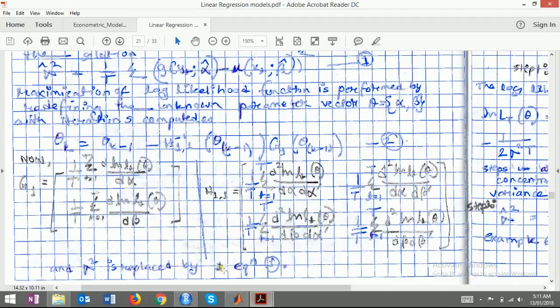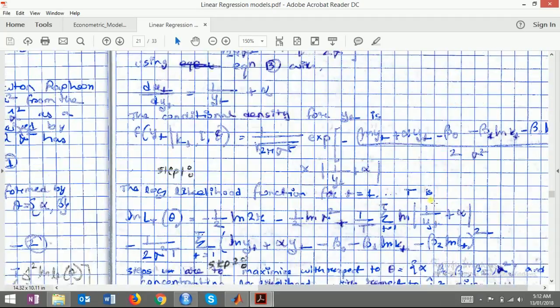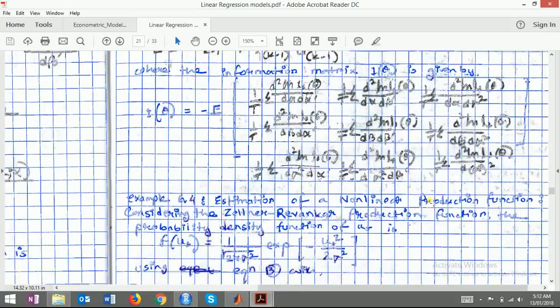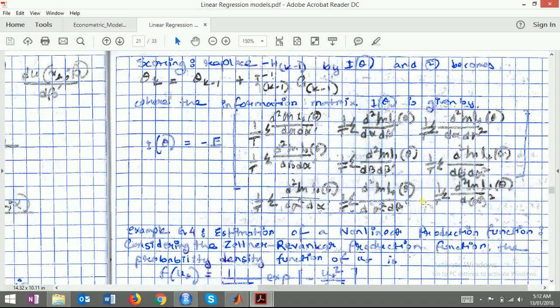So sigma square is now replaced by equation 1. So replacing sigma square by equation 1, we have this coding algorithm. So replace my negative Hessian with the information matrix I theta.